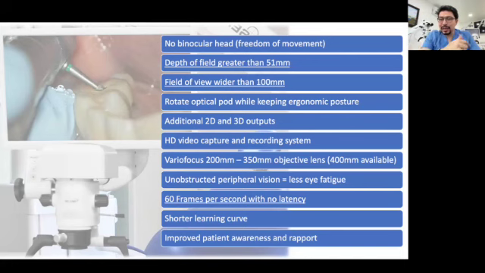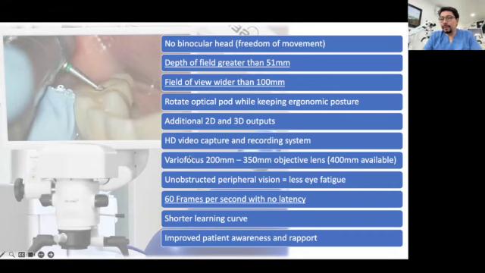When I see young patients, for example, I invite the parents to come. I give them the 3D glasses, and I let them see in 3D what I am doing. And for them, it's shocking. It's like, wow, this is so nice. I have never seen this before. So it's good for advertisement as well.